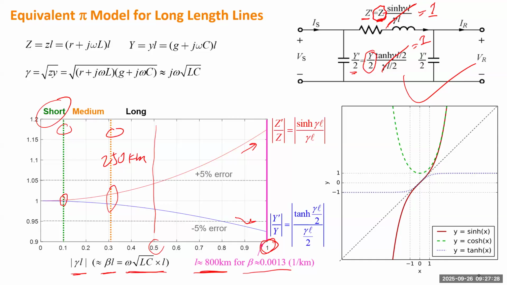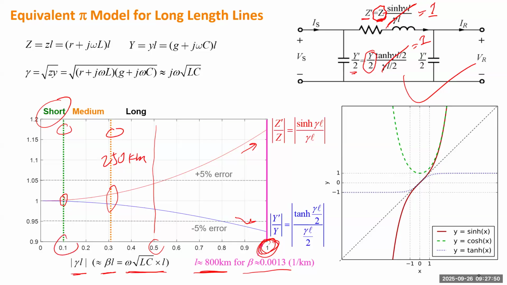Sorry, how can you differentiate the short, medium, and long lines? It seems like the corresponding values there are 0.1, 0.2, and 0.5. On the x axis, the 1 means 800 kilometers.